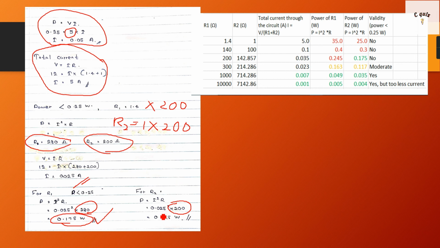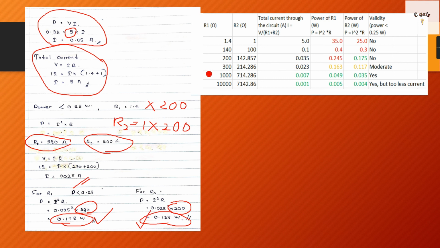So here we are getting the power equal to 0.125 watt. Again this value is less than 0.25. Both values are suitable for these resistors.